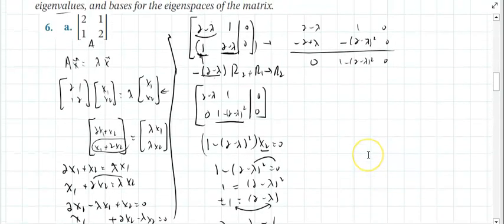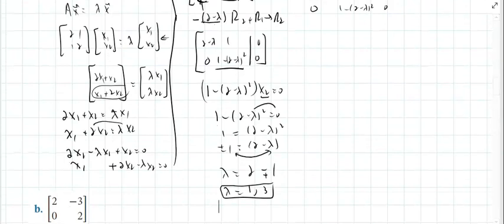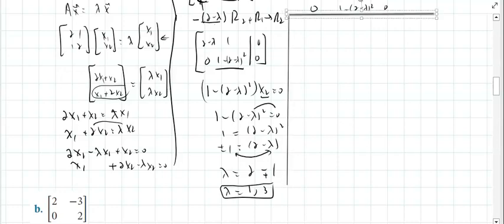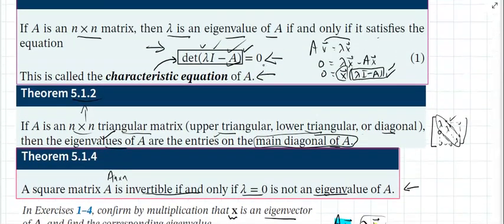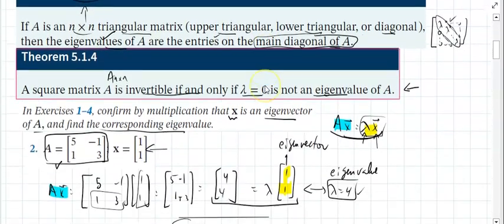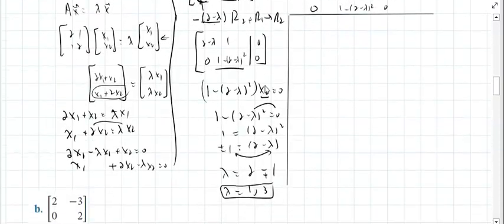Now, did you see all of that work that we did? If I take the determinant of lambda I minus A and set it equal to 0, and again, this step right here, we're not going to write after that, we'll jump straight to this step right here.